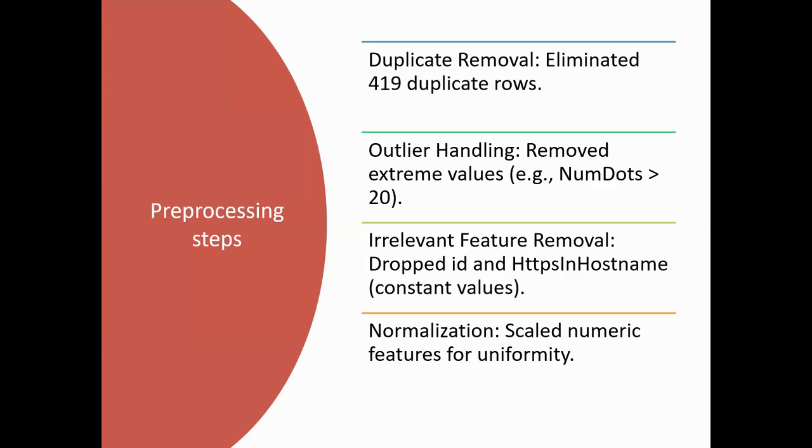And then we have removed irrelevant features like ID and HTTPS in host name, because they don't add any value for prediction. Finally, we have normalized the numeric values to make sure they're on the same scale, making the data easier for the modeling process.